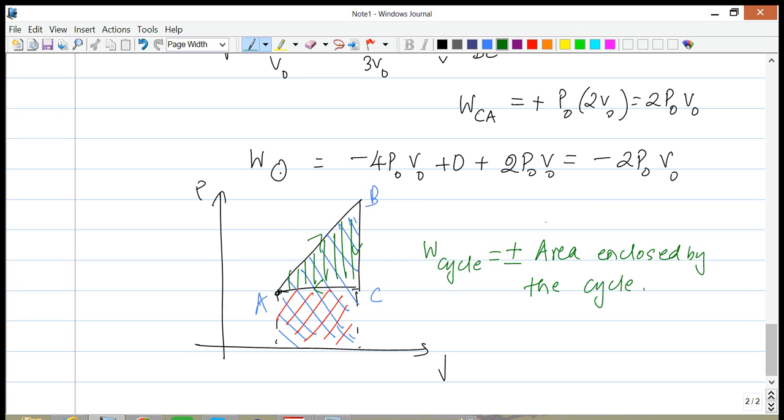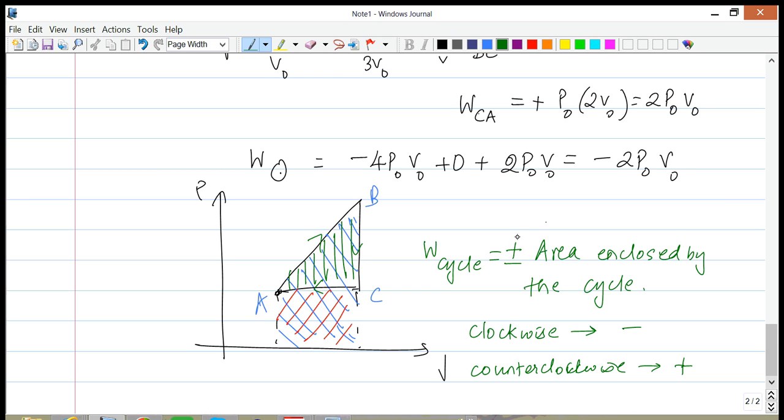The way we decide the positive or negative sign is that if it's a clockwise cycle, it'll be negative. For a counterclockwise cycle, it'll be positive. Once again, I really don't recommend trying to memorize clockwise negative, counterclockwise positive.